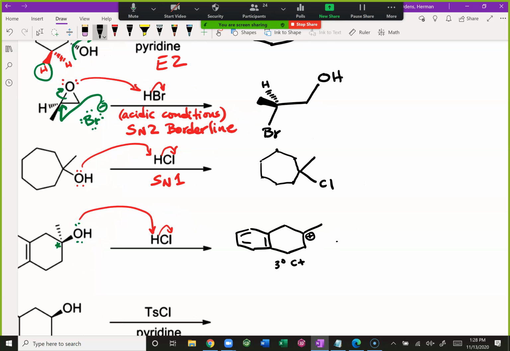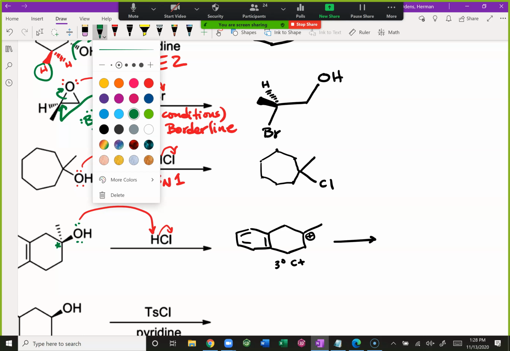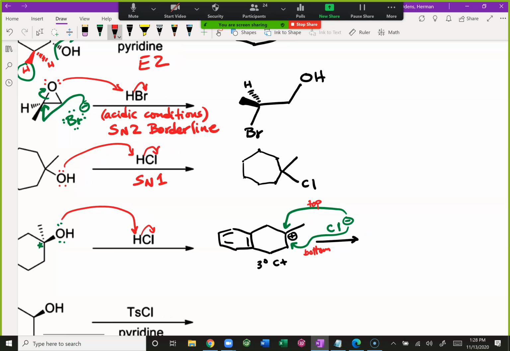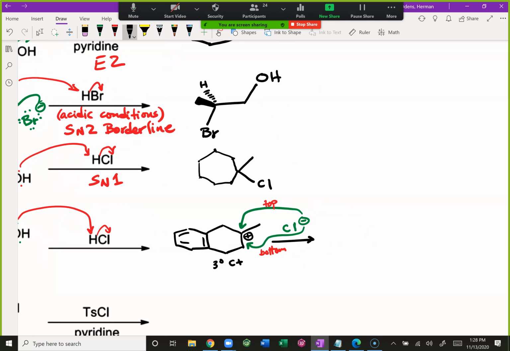2 products. Excellent. Your chlorine, color coding everything, can do a top or a bottom attack. And you get 2 products.